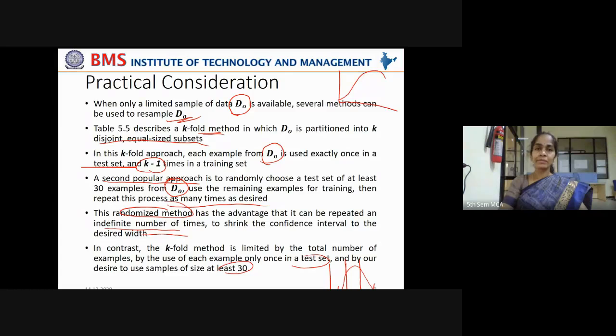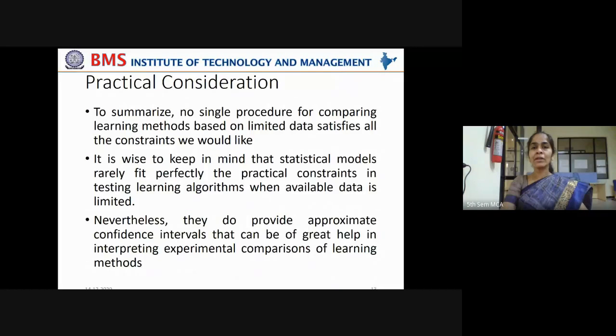Okay. So to summarize, no single procedure for comparing learning methods based on limited data satisfies all constraints we would like. You have to remember, as a machine learning expert, you can't simply state that this algorithm is good for this data set or that algorithm is good for that data set.